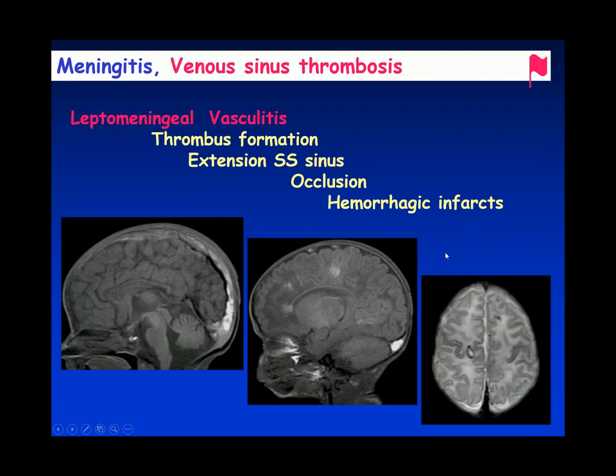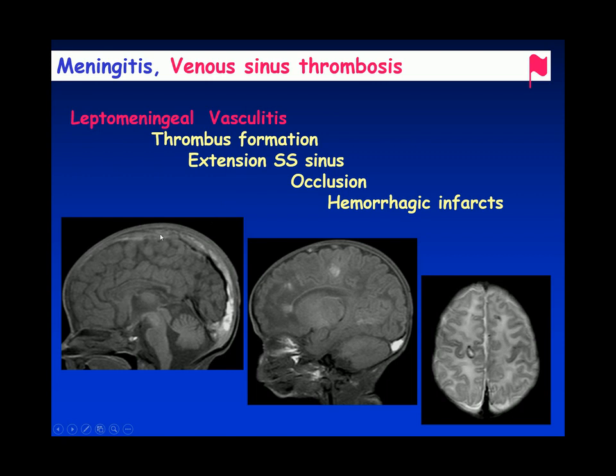If you have meningitis, you may have venous sinus thrombosis, because leptomeningeal vasculitis leads to thrombus formation, and these veins are draining into the different sinuses. And here, in that case, there was extension of the inflammation, infection into the superior sagittal sinus.